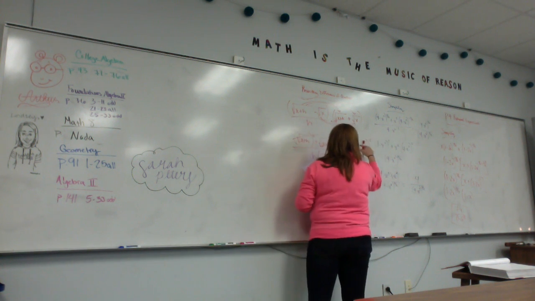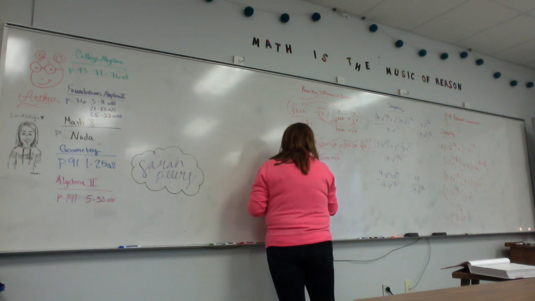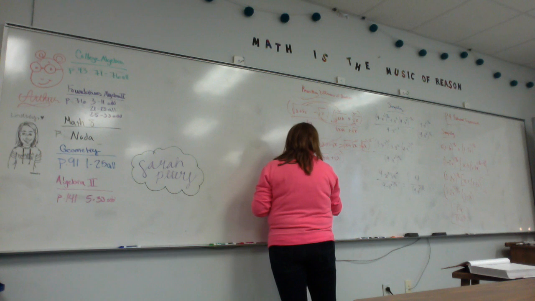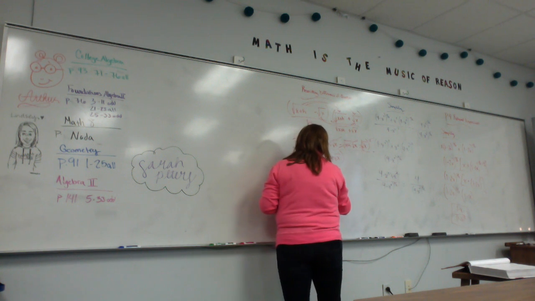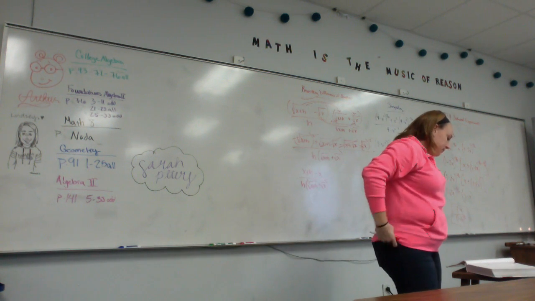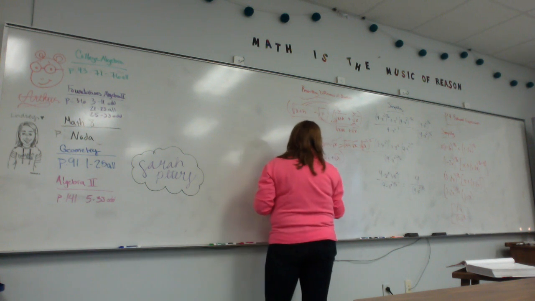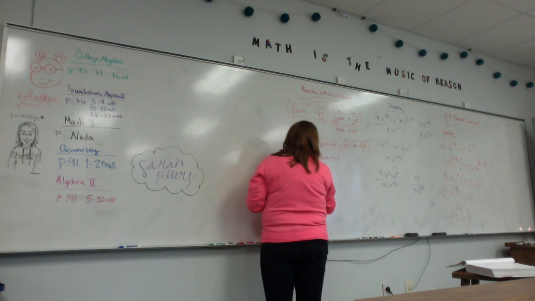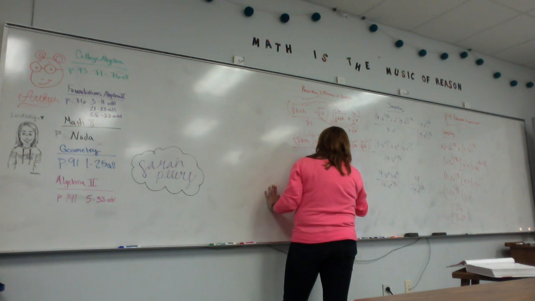Here, the radicals cancel, giving me negative x, over h times radical x plus h plus radical x. From there, I can then just reduce this down because x and negative x cancel, and h will cancel out, giving me 1 over radical x plus h plus radical x.